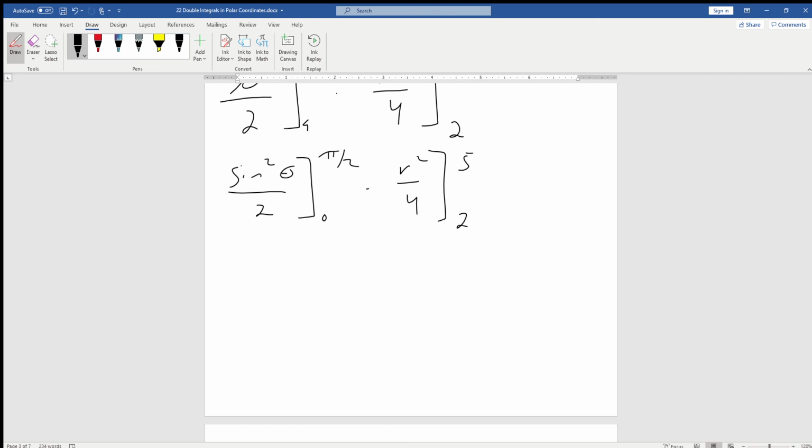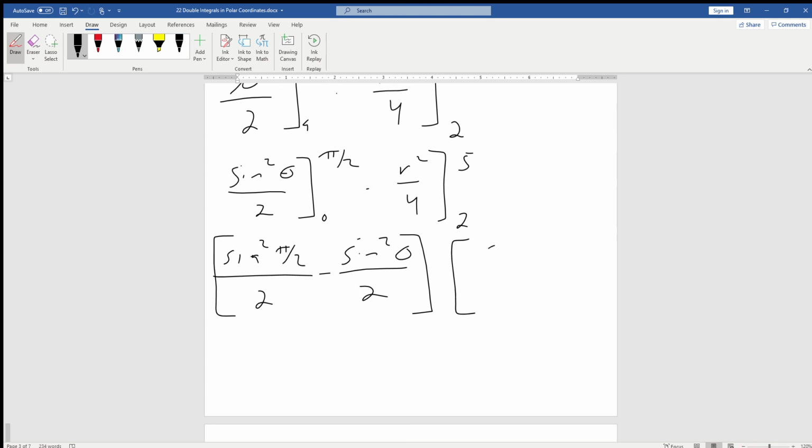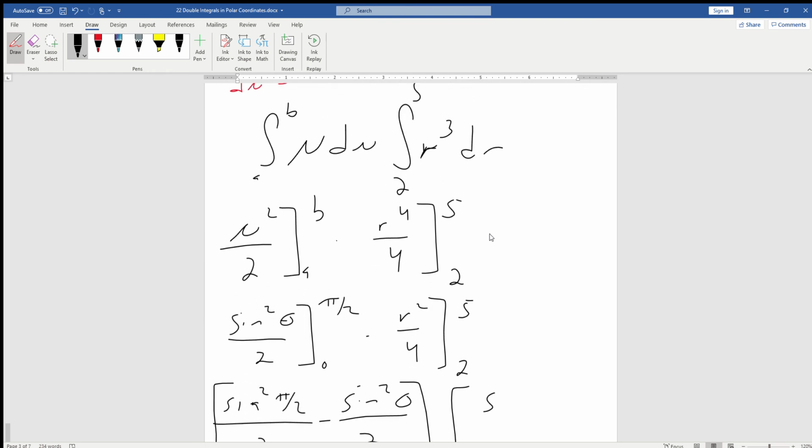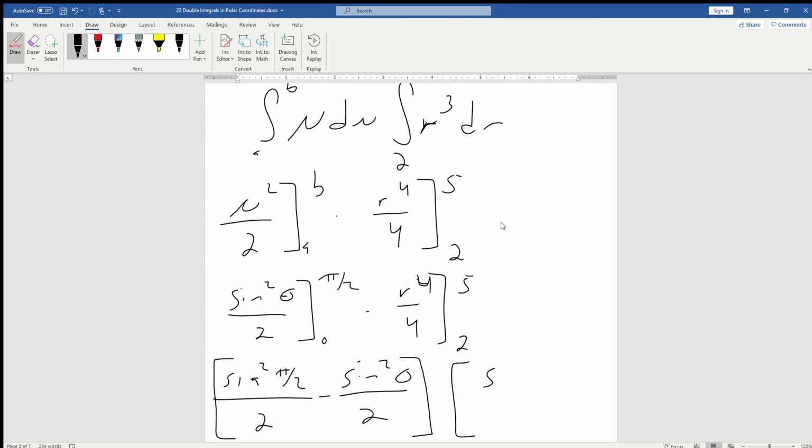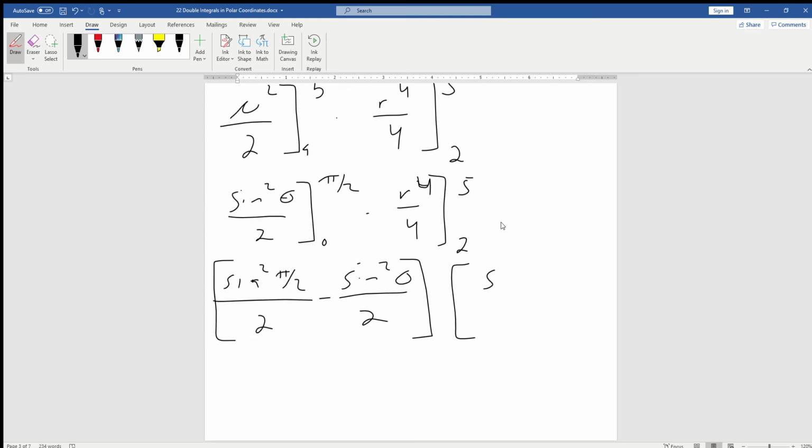So now we get sine squared of pi halves over 2 minus sine squared of 0 over 2, multiplied by 5 to the fourth over 4 minus 2 to the fourth over 4. I apologize, that was a copy error; it should be a fourth power.